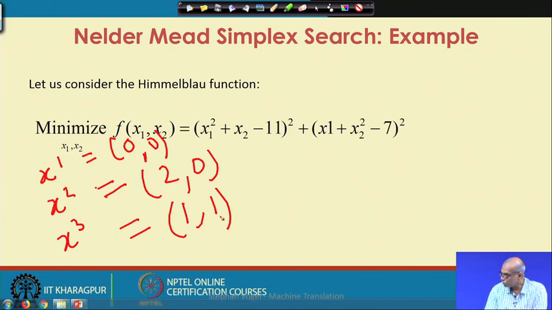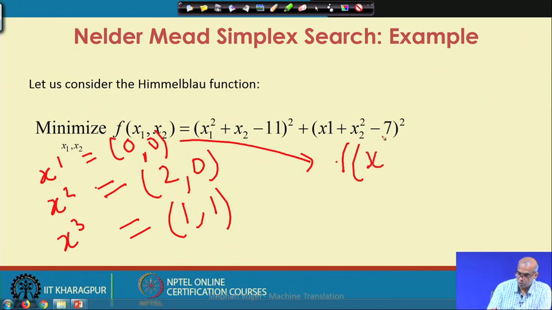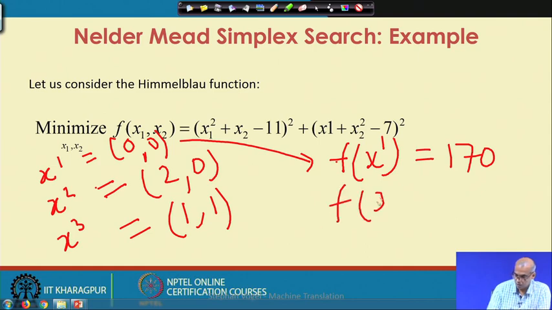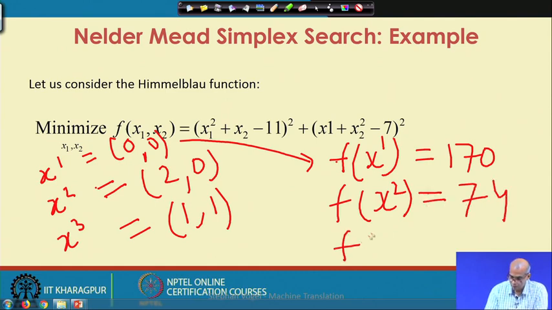So, let us calculate the function values. f of x1 is 170, f of x2 will be 74, and f of x3 will be 106.